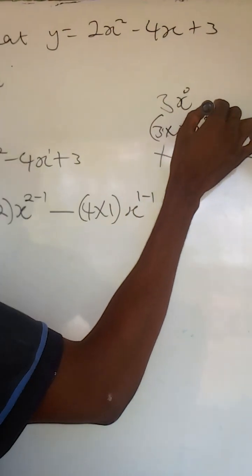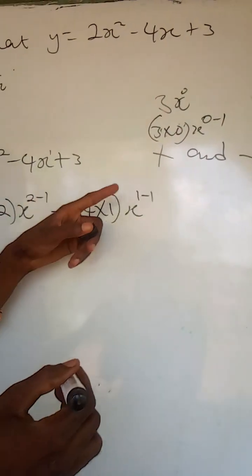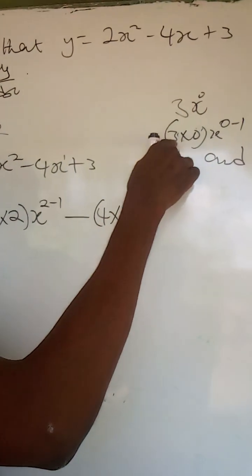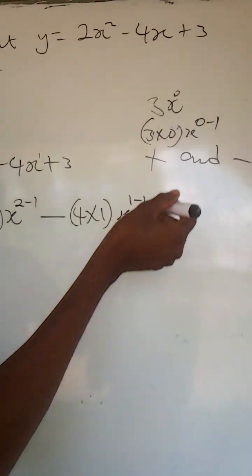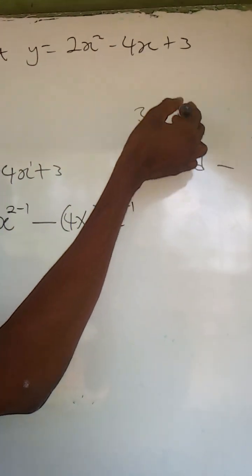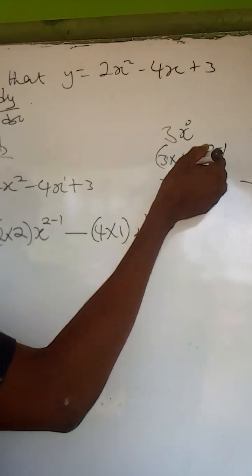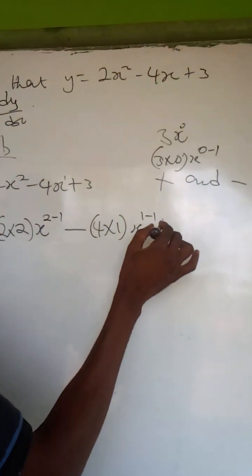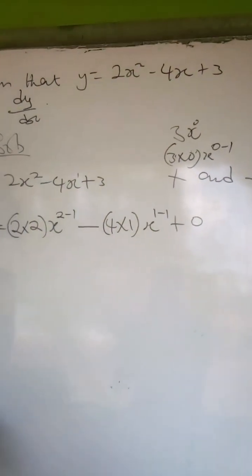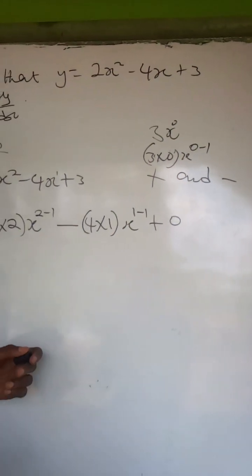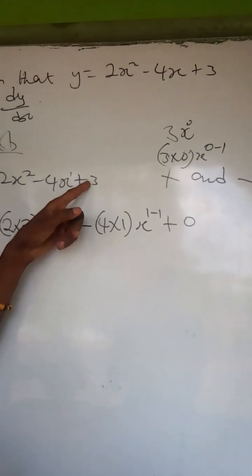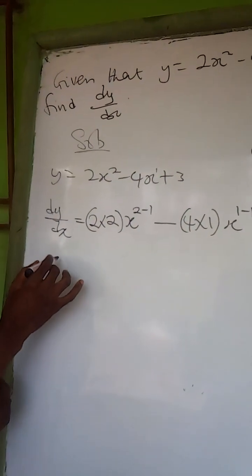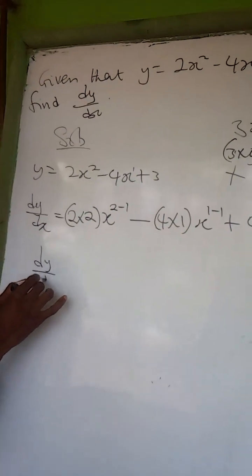Then we have 0 minus 1, as we reduce the exponent by 1. So now, looking at this, 3 times 0 is 0. So x raised to the power 0 minus 1, whatever the result, multiplied by that 0, we get 0. That is why anytime you differentiate a constant, the result is always 0. Now, let's go further to simplify our answer.